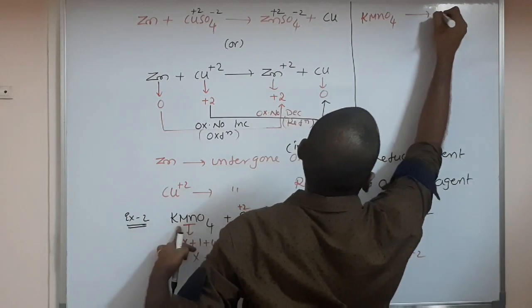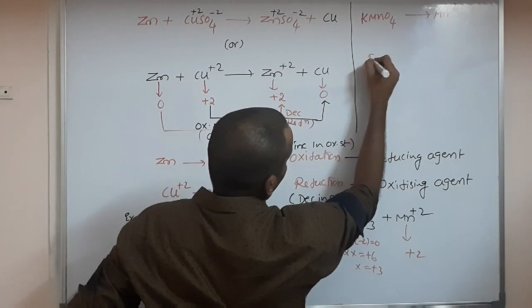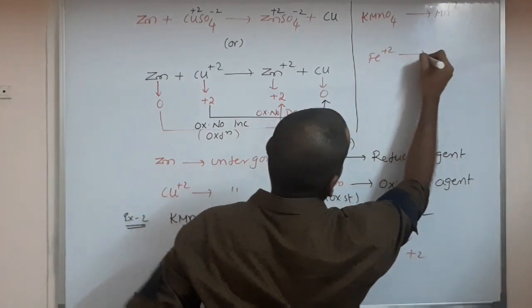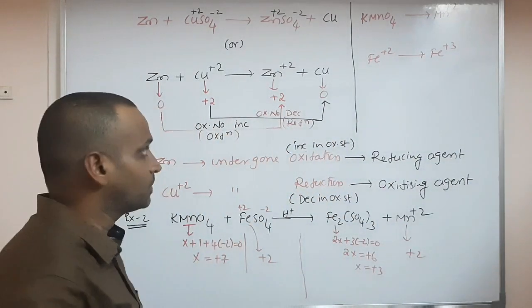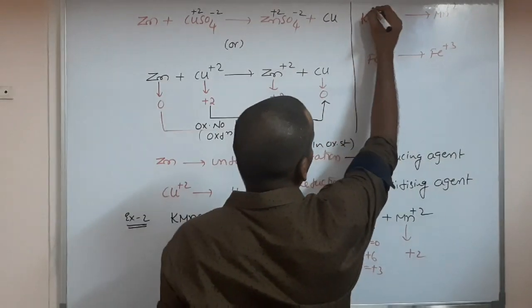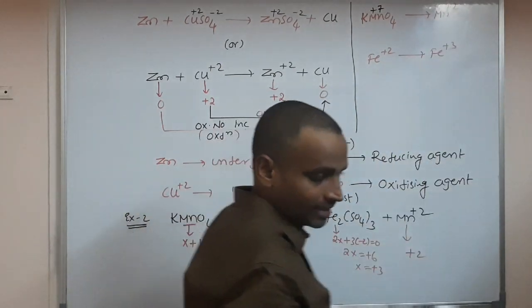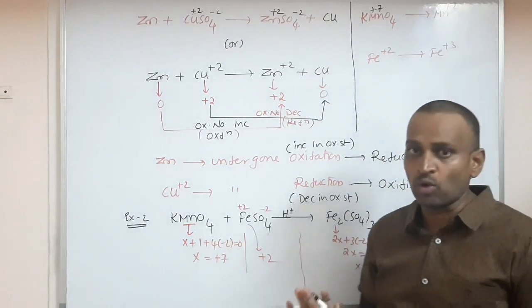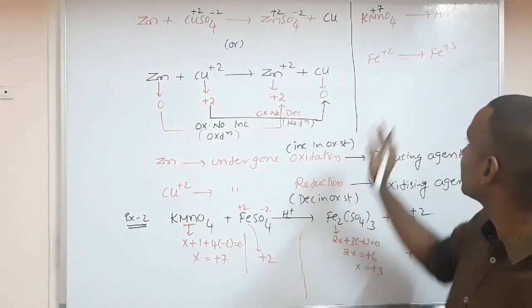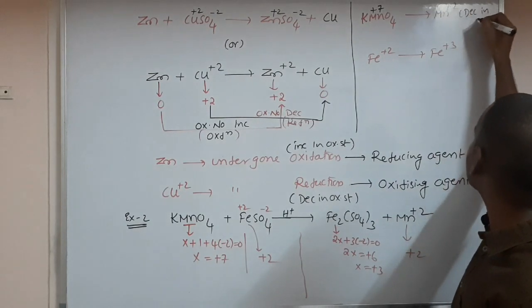KMnO4 is converted to Mn2+, and Fe2+ is converted to Fe3+. Now you tell me, here manganese plus 7 converted to manganese plus 2. So what happened? Its oxidation state reduced or not? So there is a decrease in oxidation state.